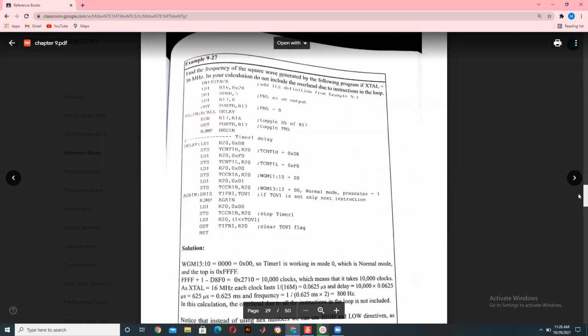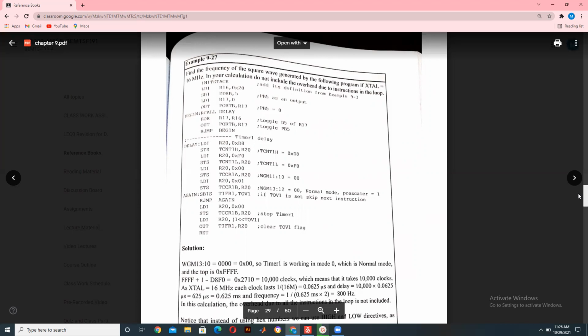Find the frequency of the square wave generated by the following program with an XTAL crystal of 16 megahertz. In your calculations you do not have to include the overhead.